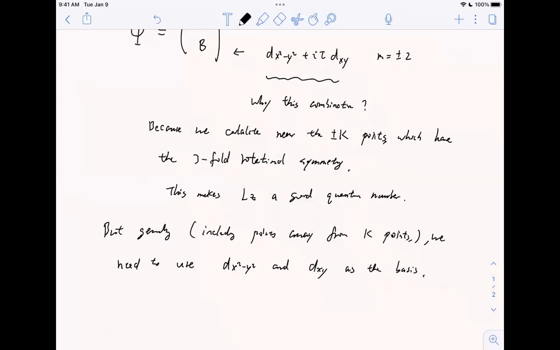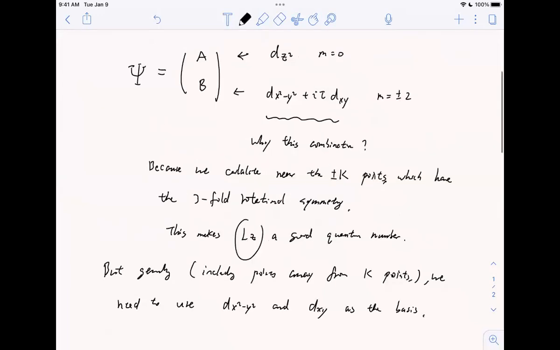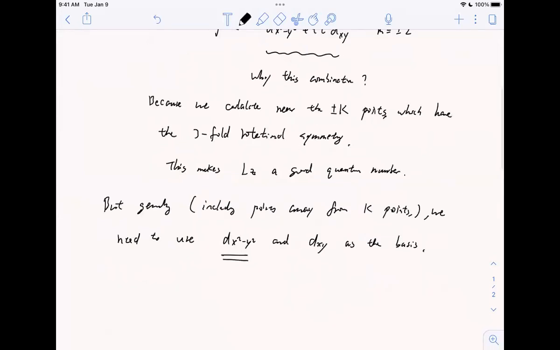Okay. So once you are away from the k point, then this Lz is no longer a good quantum number. So it's not good to just use this combination. So you need to generally use these two as basis.